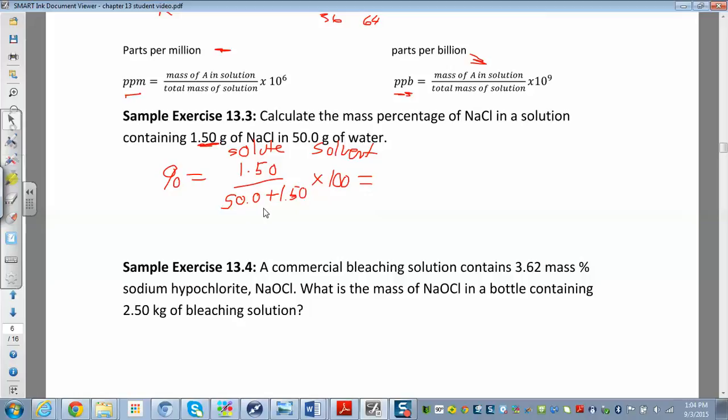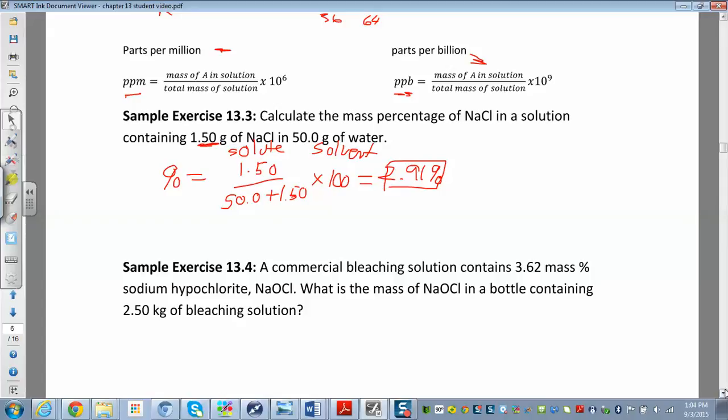So you have 51.5, so you have 1.5 divided by 51.5. And what do you get for that? 2.91%. Is that right? Yep, 2.91%. Make sure you got the same thing. That's what we get for our mass percent there. So mass over total mass. Remember that the total mass is the mass of the solute plus the solvent.